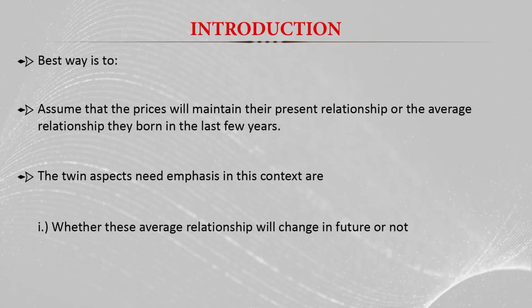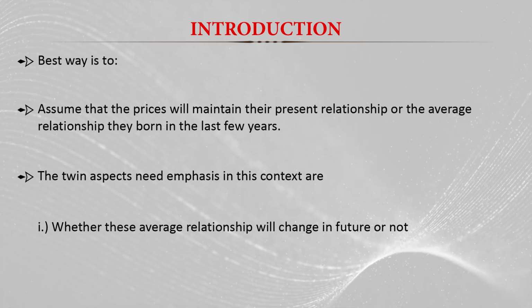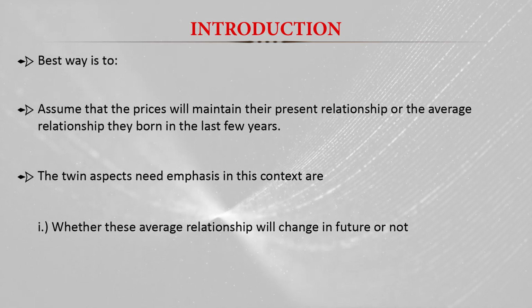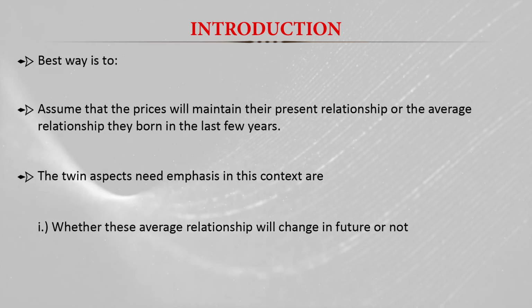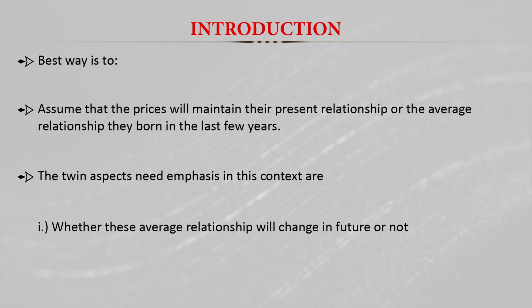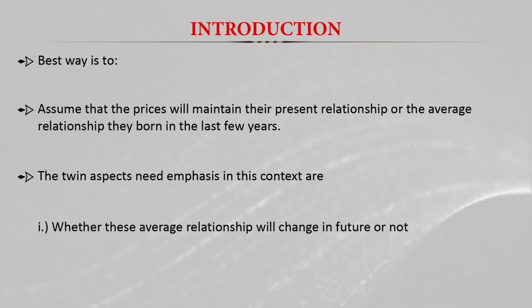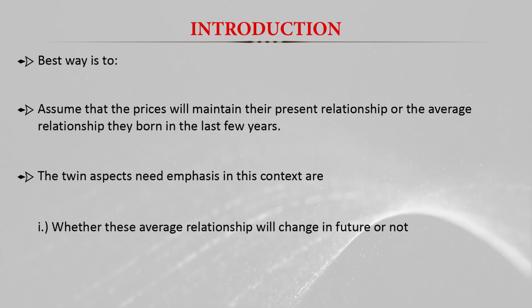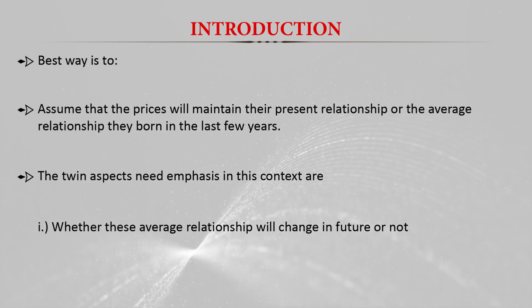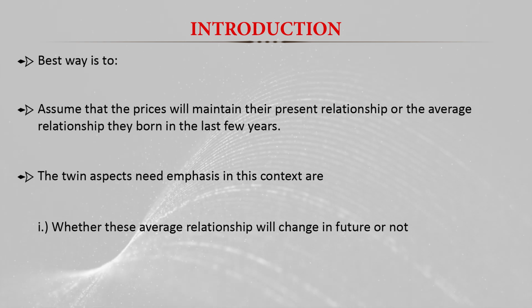So if we are talking about the input and output prices, we have some relationship between the input price and output prices. Suppose, for more clarity, every year there is a 5% increase in the prices of input, and there is a 7% increase in the prices of the output.